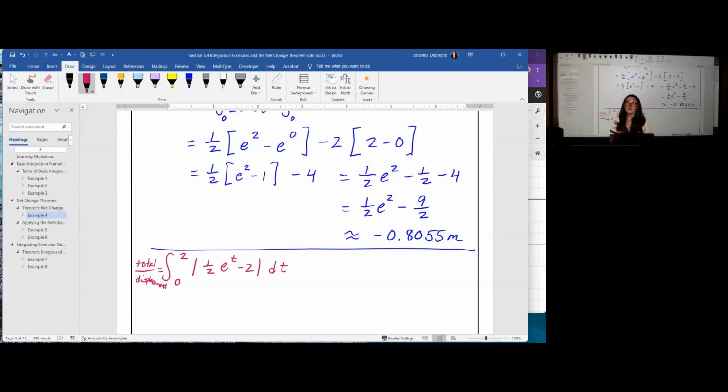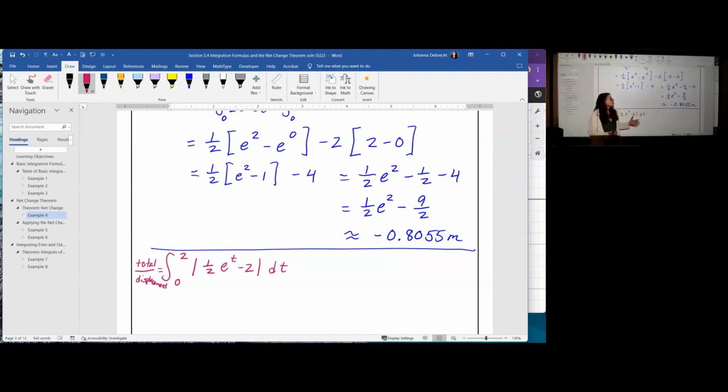Now, in order to figure this out, we really kind of need the graph, because we have to know when it's positive and when it's negative. Remember that the definition of the absolute value is that you leave it alone if it's greater than or equal to 0, and you apply a negative if it is less than 0.